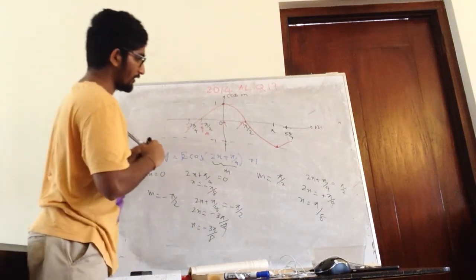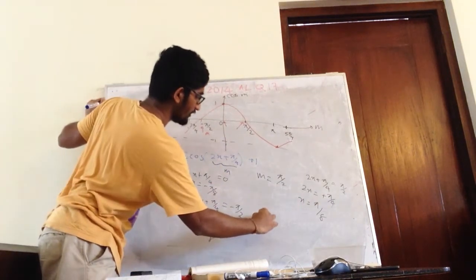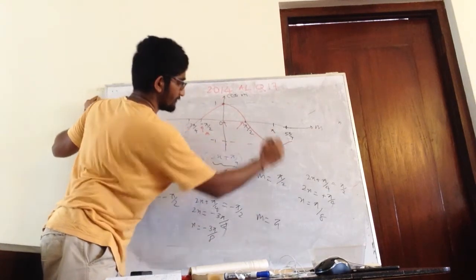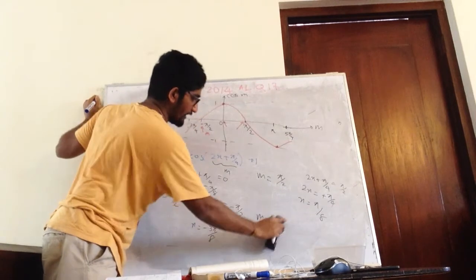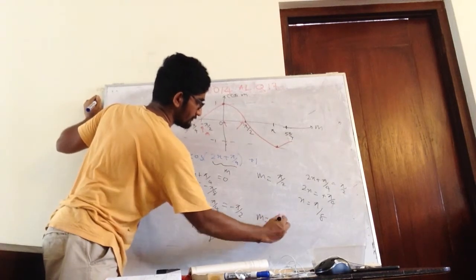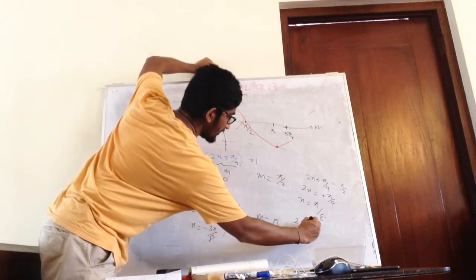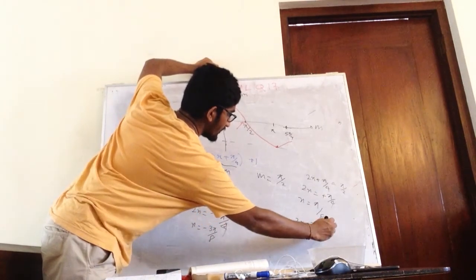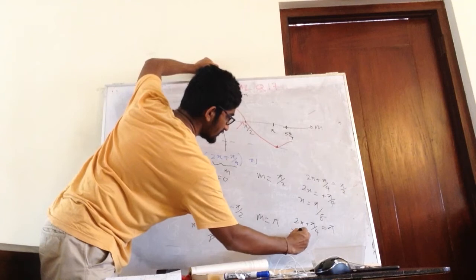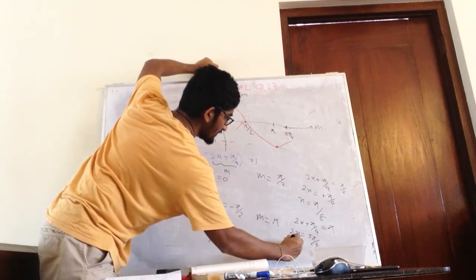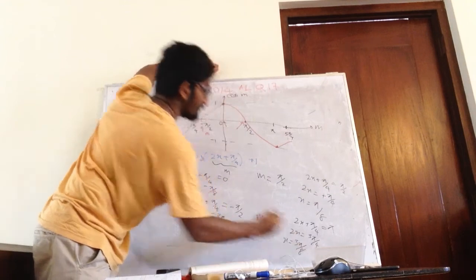Then when m equals 5, you get 2x plus 5 over 4 equals 5. That means 2x is equal to 3 5 over 4. X is equal to 3 5 over 8.